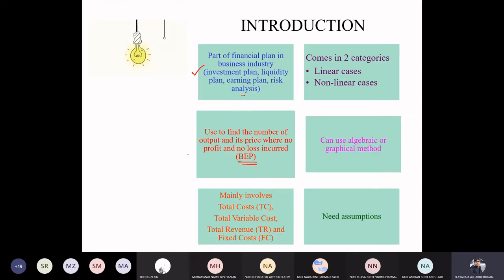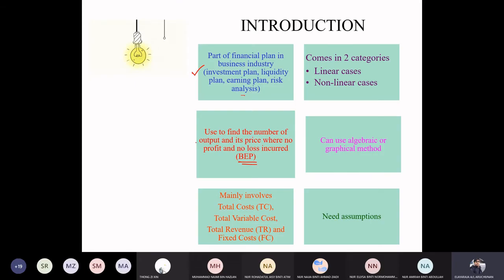So you know how to set the price and the sales in order to get back whatever you spent in your business. That we call the break-even point. Once you reach the break-even point, you are not earning a profit, but at least you do not lose anything out of your business.